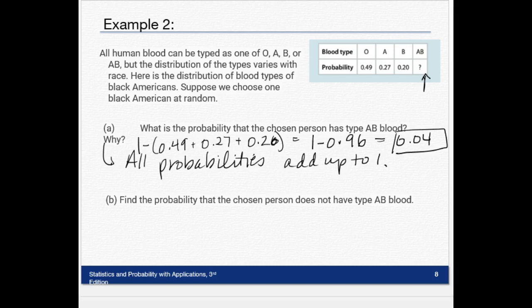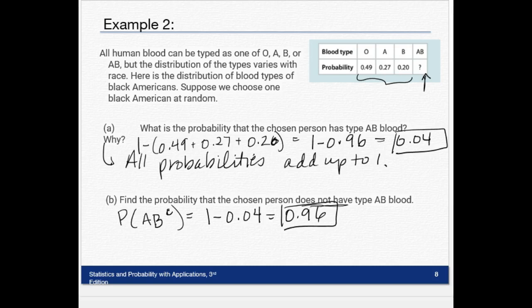Now, B, find the probability that a chosen person does not have type AB blood. Well, that's all the rest of this, right? Does not have type AB blood. So the probability that it's not AB blood is going to be 1 minus the probability that it is AB blood, which gives us 0.96, right? So that's how you handle a complement.